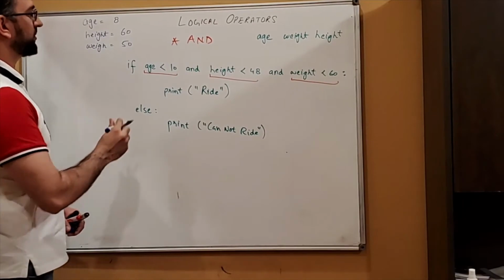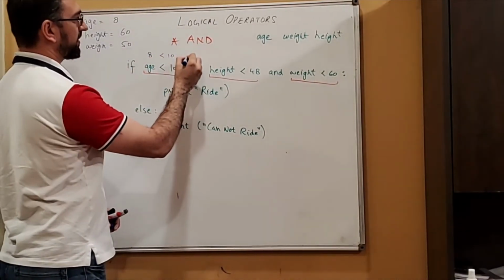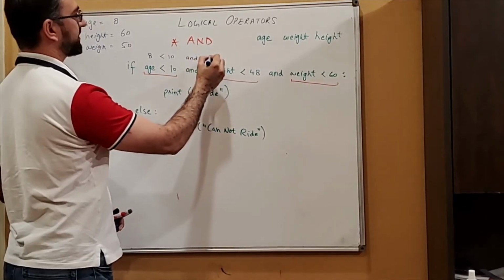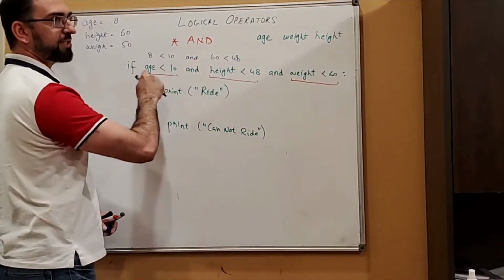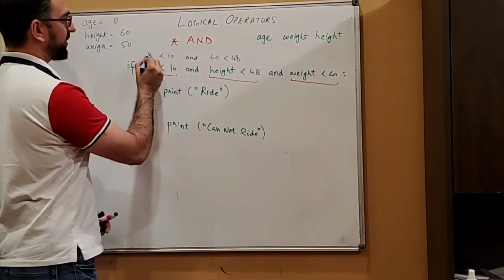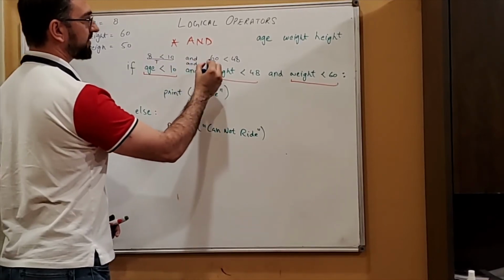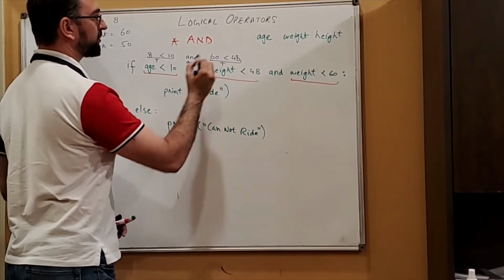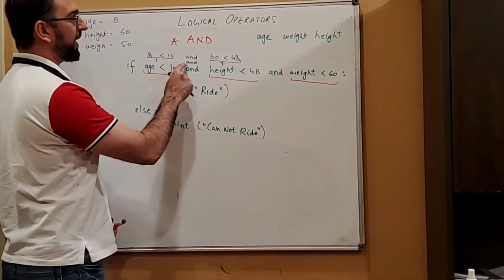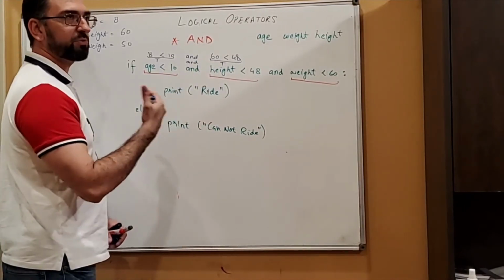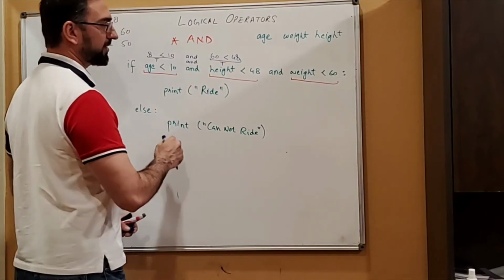Now what it is going to do is say 8 is less than 10 and height is less than 48. It will evaluate these two first. So this will evaluate to true and this will evaluate to true. Now we have seen from our truth table that true and true evaluates to true. So the result of these two evaluations will be true.